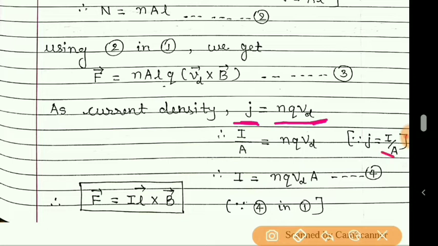Also J is equal to I by A, so J is current per unit cross sectional area. We studied this in chapter 3.